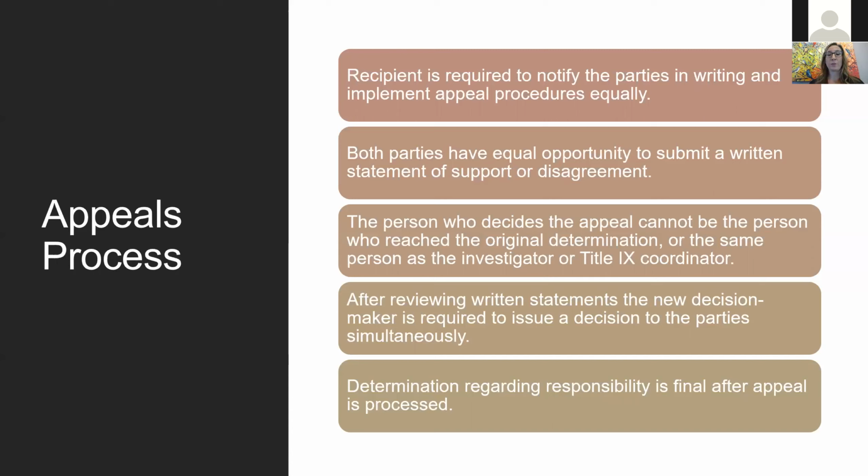And then the person who decides on the appeal, so here we're going to throw in another person. So you have an appeal, you can't use the same person who served as the investigator before or the decision maker. So now you've got a whole new set of people that are involved in the appeals process who need to have training.